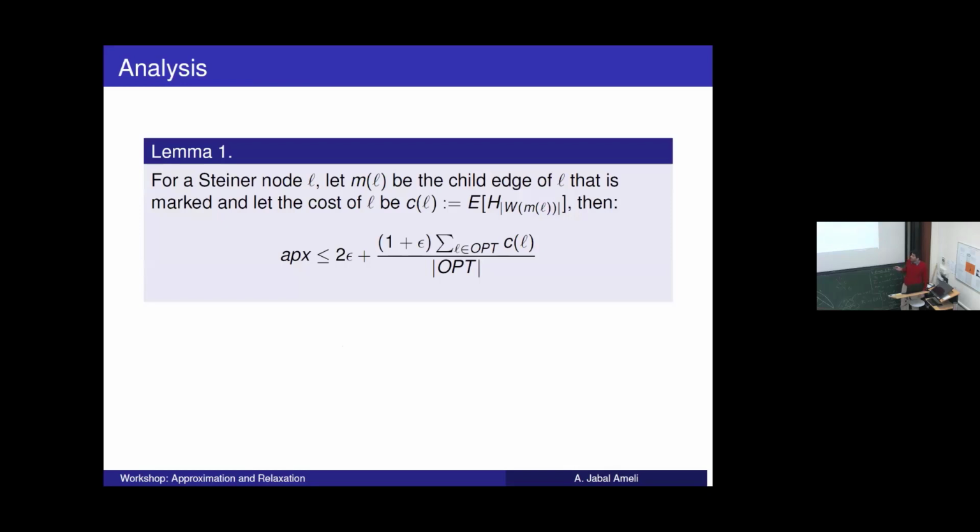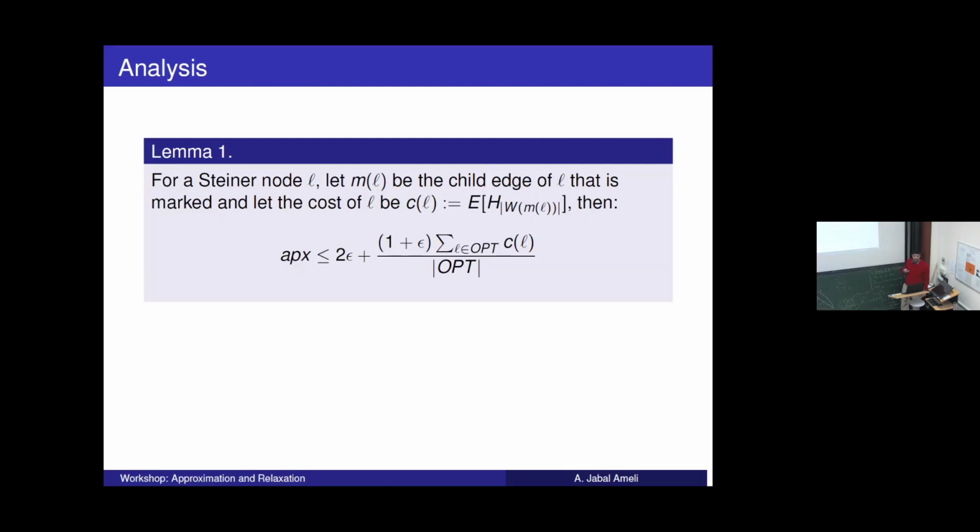Then we have this lemma, which is basically upper bounding the approximation factor. So assume that ML is the child edge of L that is marked. And now we define the cost of L to be this value. And we were able to show that the approximation factor is upper bounded by, if you neglect this 1 plus epsilon and 2 epsilon, the average cost of the links.